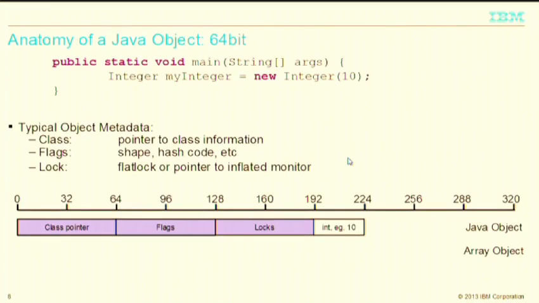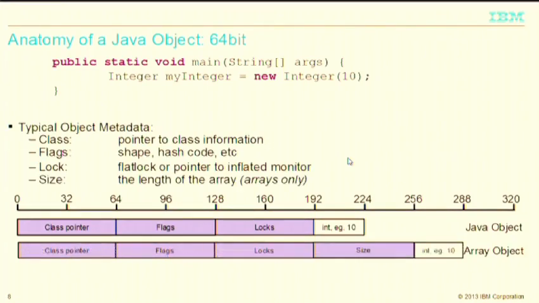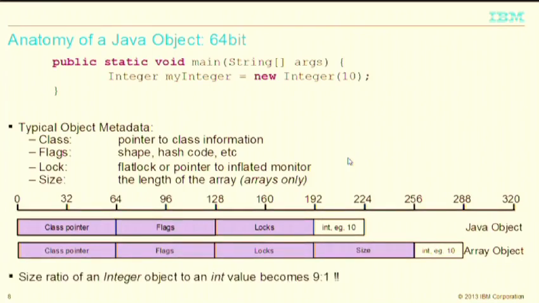So we've got one small value of 10 again, but all of our overhead is doubled in size. And again, it's the same thing for arrays. So where we previously had 128 bits of overhead, that's now doubled to 256 bits of overhead, which means our overhead to store an int in an integer object becomes 9-to-1. So on 64-bit, everything just uses more memory.